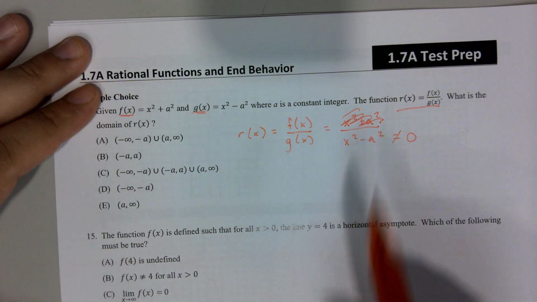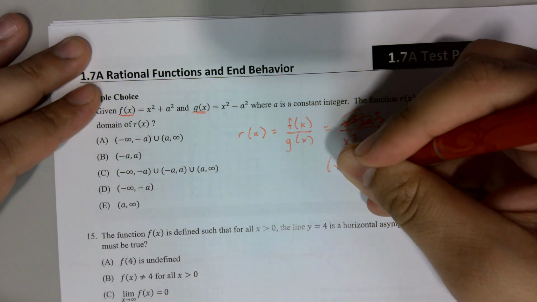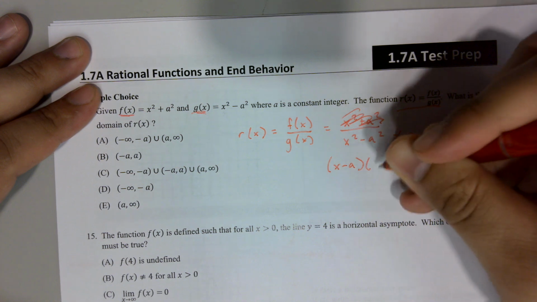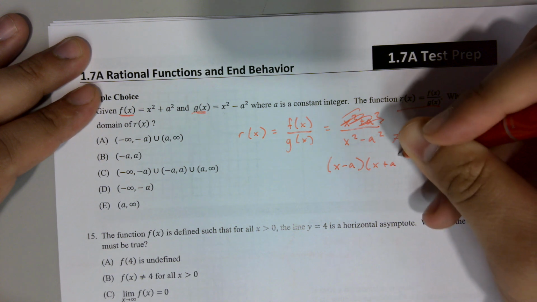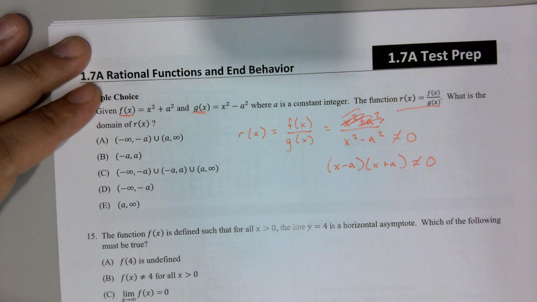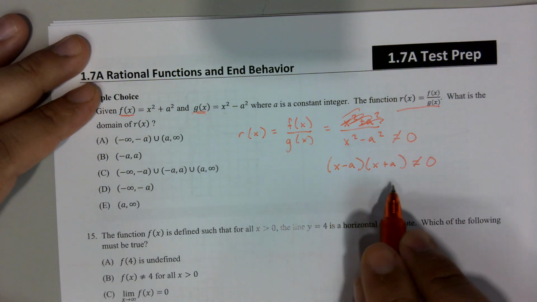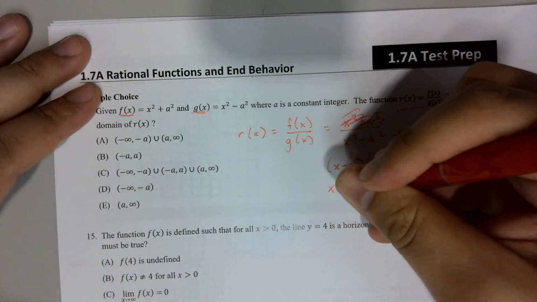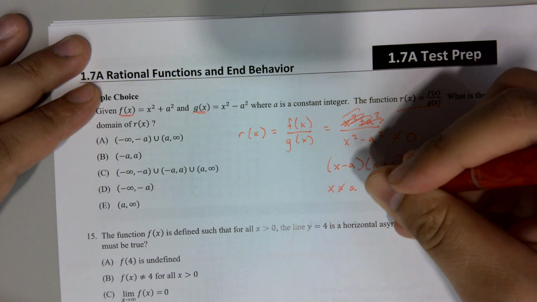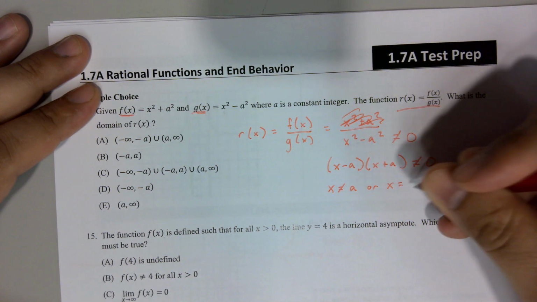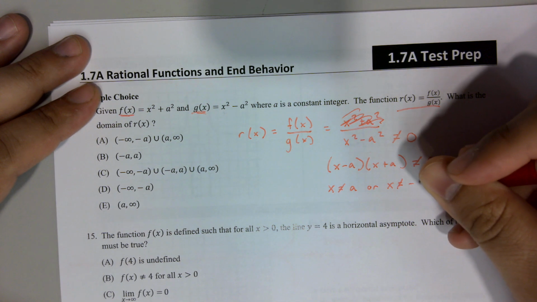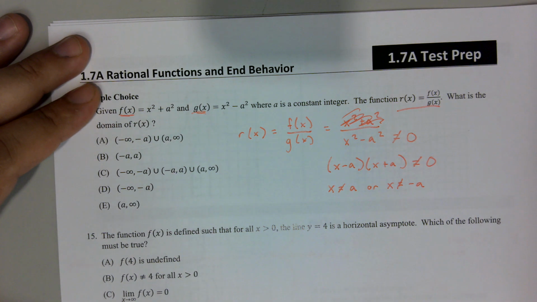We can factor this, as seen on the previous page, as x minus a times x plus a can't be equal to 0. And using our zero product property, we have that x can't be equal to positive a, or x cannot be equal to negative a.